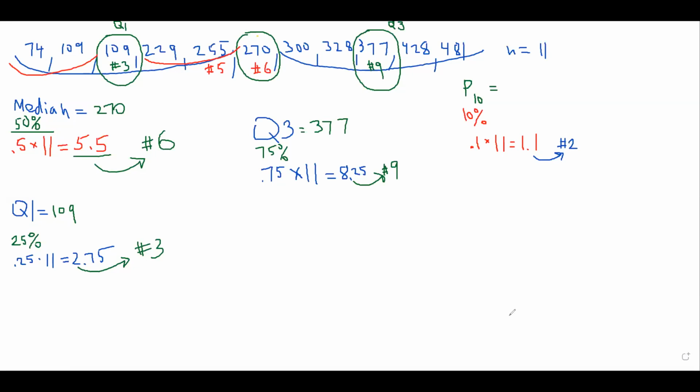And this is going to be one right here. So position number 2. It looks like we have a method to identify any of these so-called percentiles, 25%, 50%, 75%, or just about any percentile that you can think of.